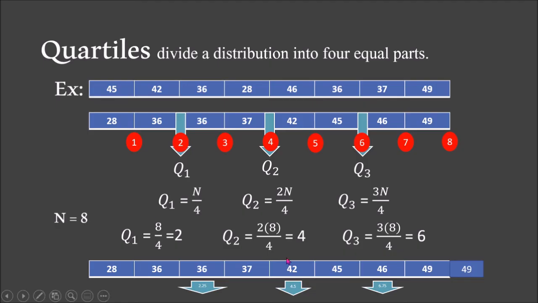If we add another 2.25 to 4.5, that is equal to 6.75. If we add another 2.25 to 6.75, that is equal to 9. This is the solution here for Q1, Q2, and Q3.